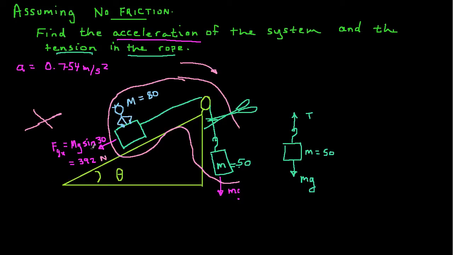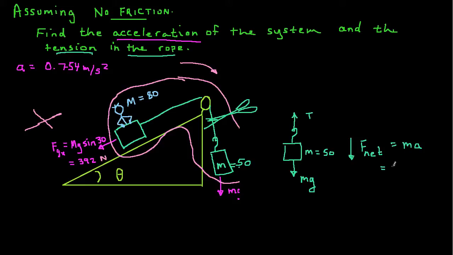Okay, I know this whole system is moving downwards. That means this part of the system is also moving downwards, which means that the net force acting on it must be downwards. Now, the net force acting on this particular part of the system is equal to its mass times its acceleration.